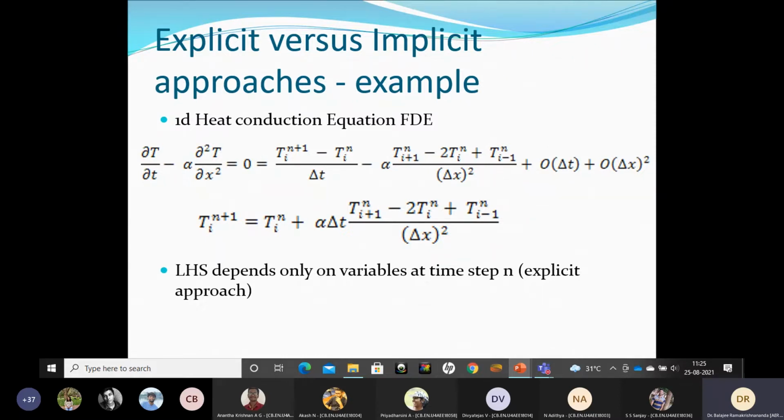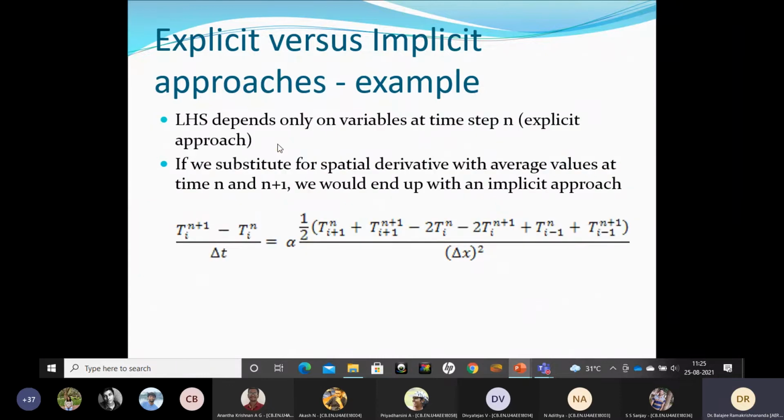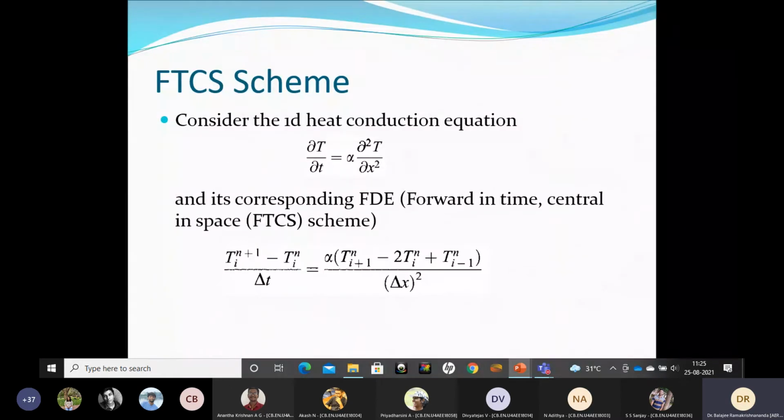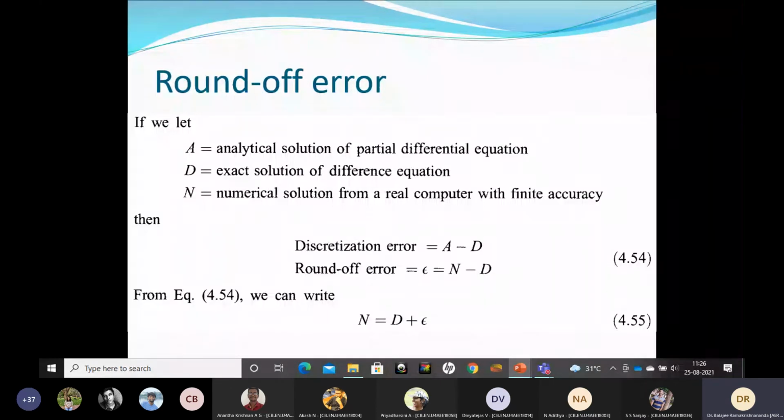Let's see that now. So you remember we are away from the PDE. We are looking at the exact solution to this FDE, which is known as capital D. Capital A is the analytical solution of the PDE.